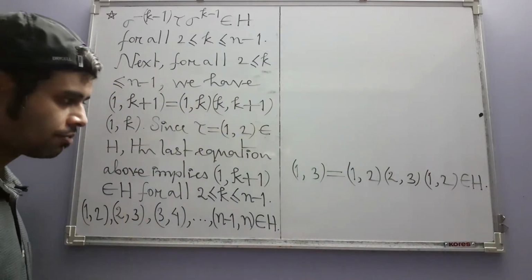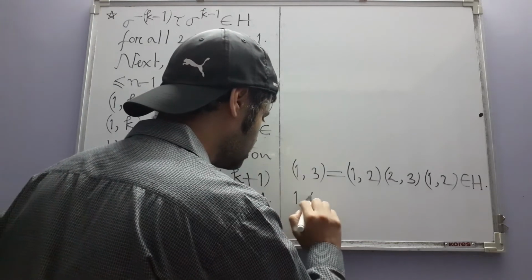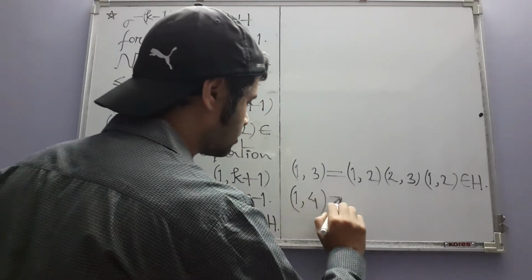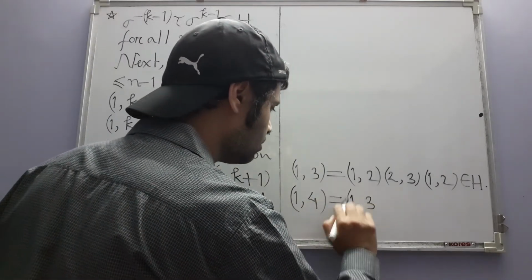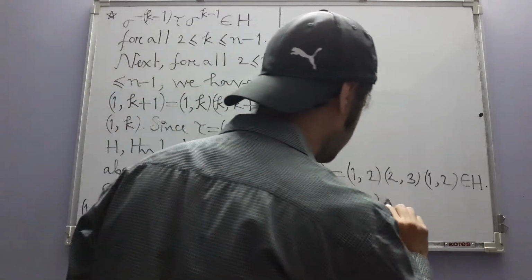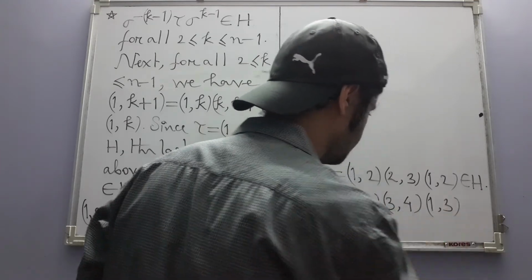If we put the next value of k, say k equal to 3, then we are going to get a similar equation. (1, 4) is equal to (1, 3) times (3, 4) times (1, 3).